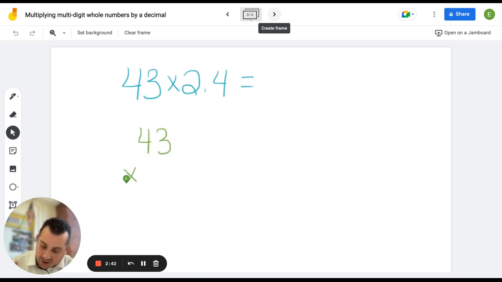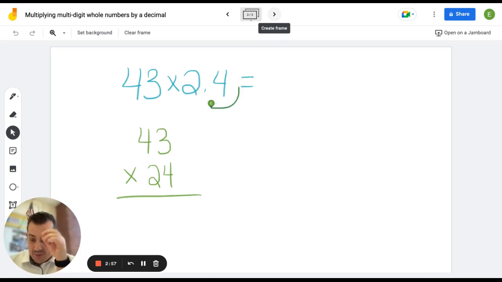I'm going to take away that decimal point just for now. It's not completely gone, but really what I have here is 2 and 4 tenths. There is one place value after my decimal point.